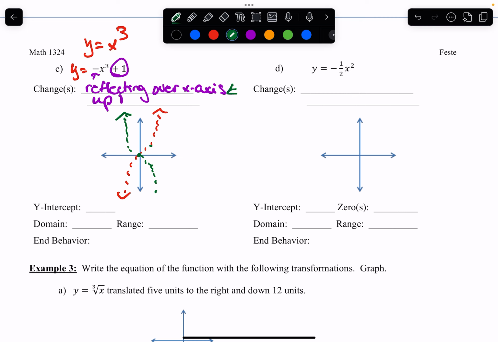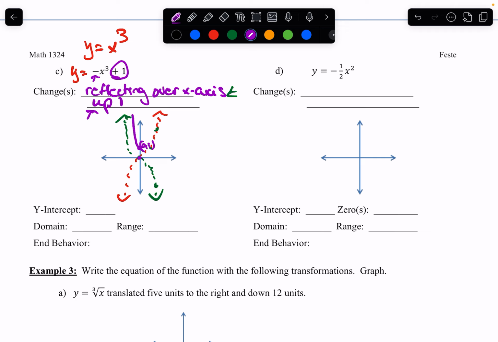As if we fold it along the x-axis, both sides or these curves are going to go on top of each other. So basically bringing, for example, this point as far down here. That's what we're doing with the reflection. Now, our next one is up 1. So we're going to go from 0, 0 to 0, 1.